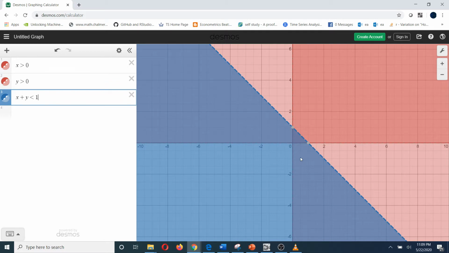So now you might think that the support of x is within 0 and 1, and the support of y is within 0 and 1, but it is incorrect because you can see that the summation of x plus y is always less than 1.